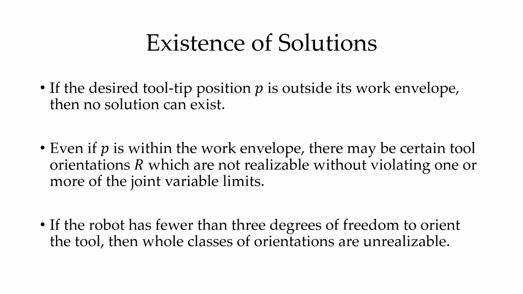So if there are fewer than 3 degrees of freedom, then a whole class of orientations will not be realizable. In that case also we won't get a solution for every kind of orientation. That is what we mean. So there also the existence of a solution is not possible.